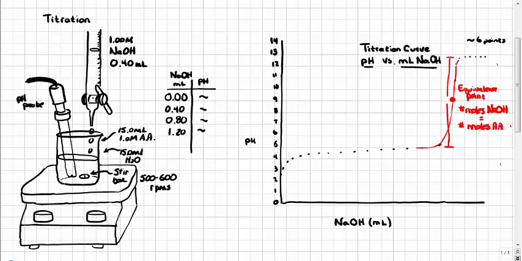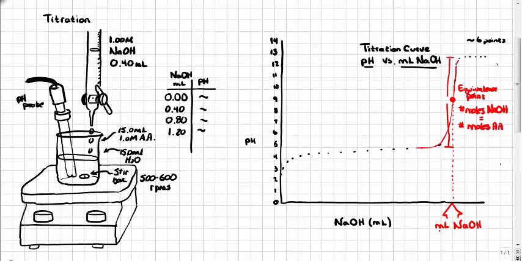This is the point that, I'm sure you have, whenever you've done an acid-base neutralization reaction, this is the one point that you're hoping to accurately identify, because you can use this point to accurately determine the concentrations of either the acid or the base, depending upon what happens to be missing. And the way you would do that is, knowing where the equivalence point is, you would draw a line down to where it meets the x-axis, and at that point then you would have the milliliters of NaOH required to get to the equivalence point.